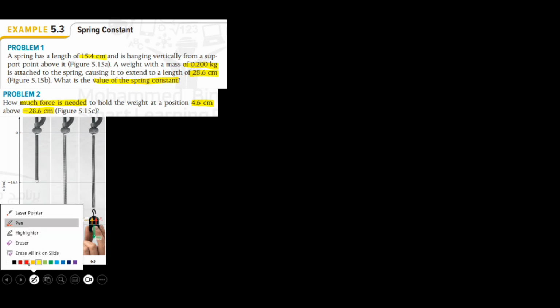If you look at the figure, you will notice that this has been given as the equilibrium point, where they have written 0. Below the equilibrium point, all my values will be negative. So the length of the spring is negative 15.4 centimeter. And when you attach a mass to the spring, it is stretched to a point of negative 28.6 centimeter.